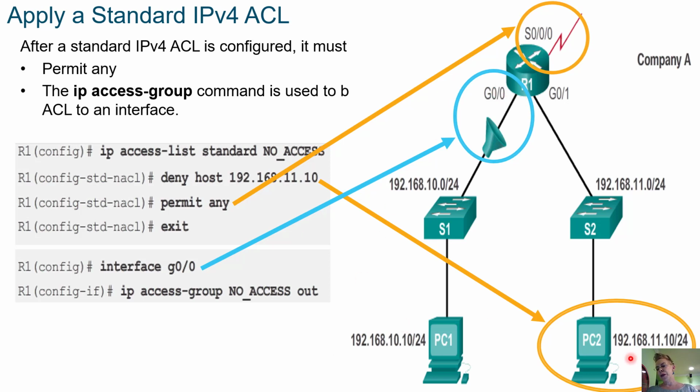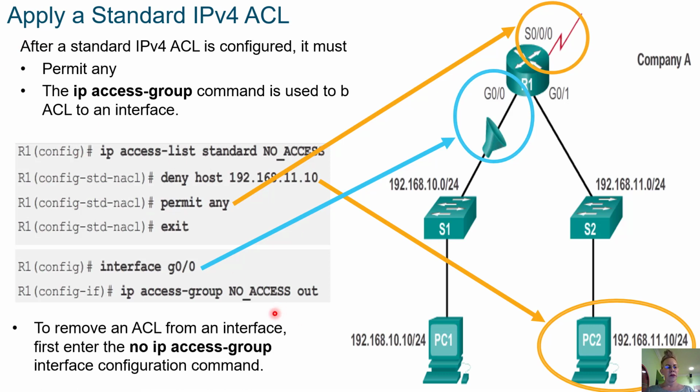Now what happens if 192.168.11.20 attempts to get to this network? Well, that one will be allowed because of the permit any. Okay, so that is how you apply an access control list. To remove an access control list, if you remember from our previous slide, you did a no access list.